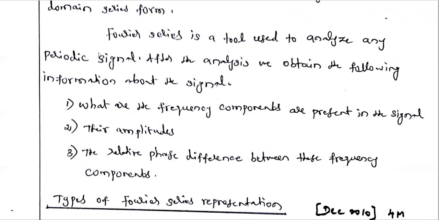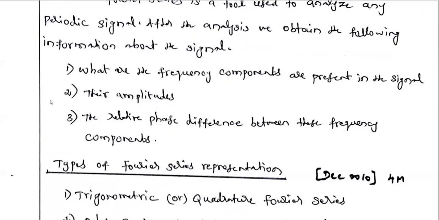After the analysis using this Fourier series, what information do we get? We will know what frequency components are present in the signal, and we can calculate their amplitudes: this frequency has this much amplitude, that frequency has that much amplitude. The third is the relative phase difference between these frequency components. For example, we can calculate the phase difference between the frequencies omega 1 and omega 2.